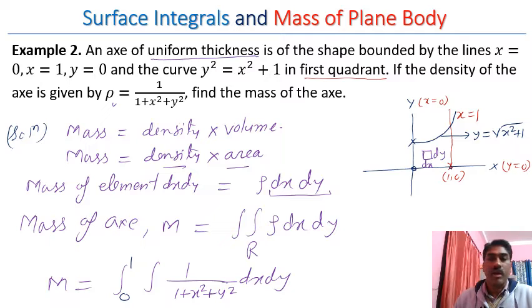For limit of y, we take a strip of this type, and limit is decided from lower and upper curve. At the lower curve, which is the x-axis, everywhere y is 0. So lower limit of y is 0, and at the upper curve at each point y is square root of x square plus 1. So this upper limit is square root of x square plus 1.